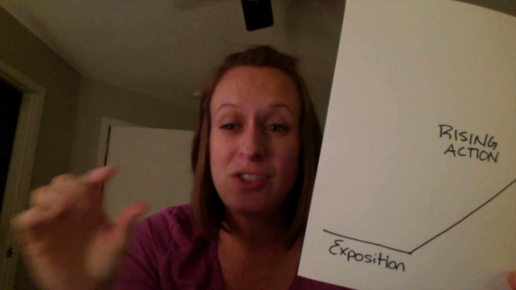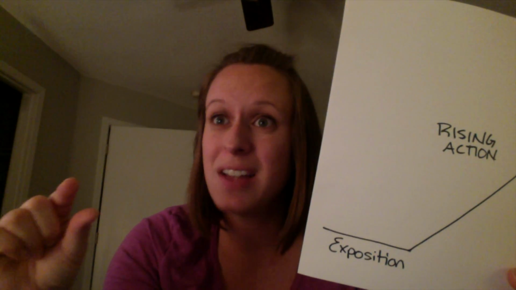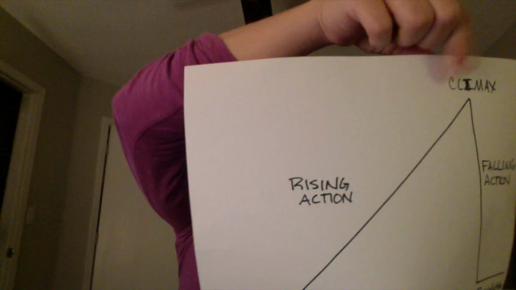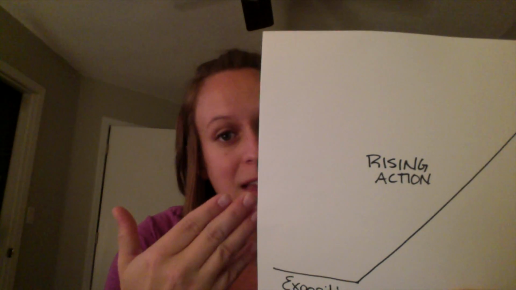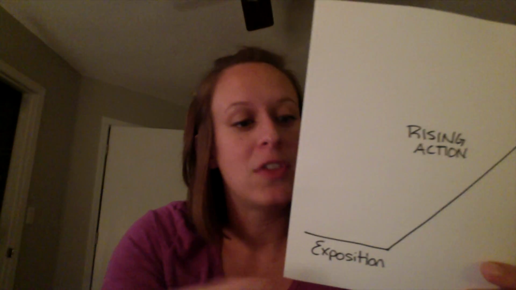Sometimes it's simply just one attempt building up to solve that problem if the story is short enough, and you only see the outcome at the climax. But keep in mind, the basic definition of rising action is that tension is rising as they're trying to solve the problem or reach the goal that was established with the conflict in your exposition.